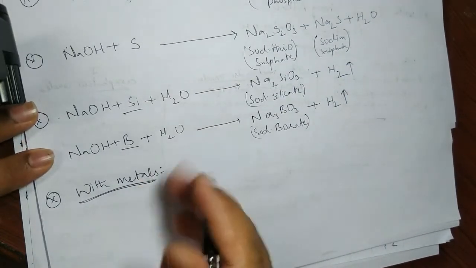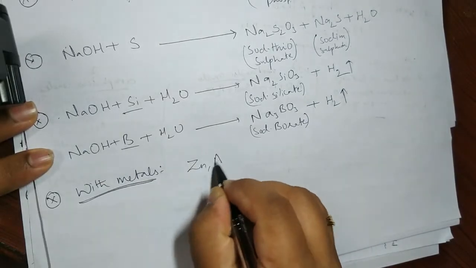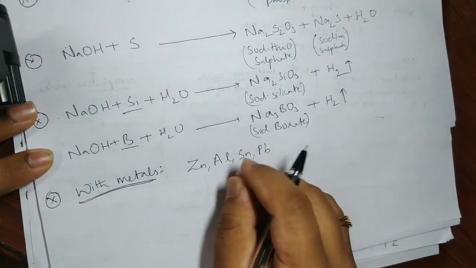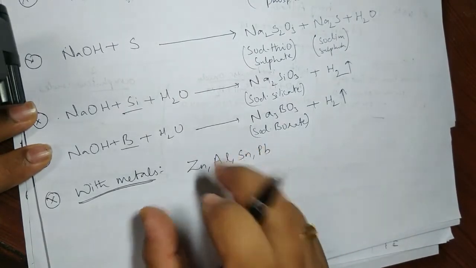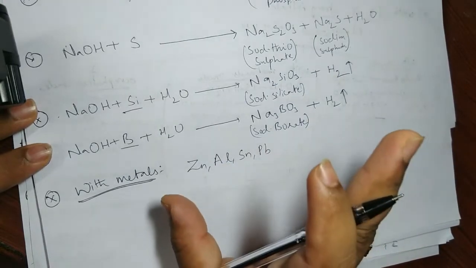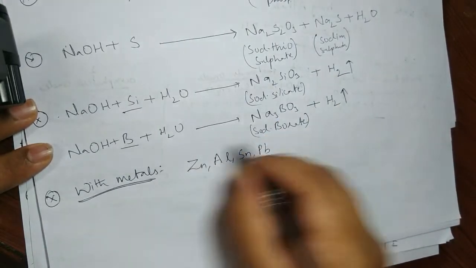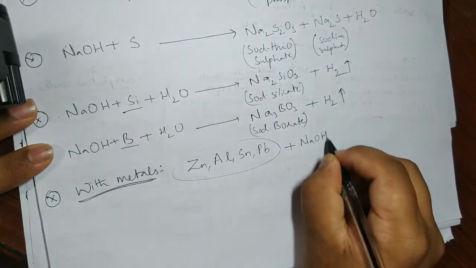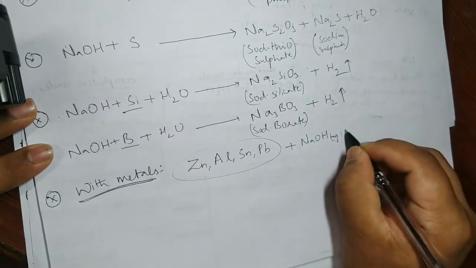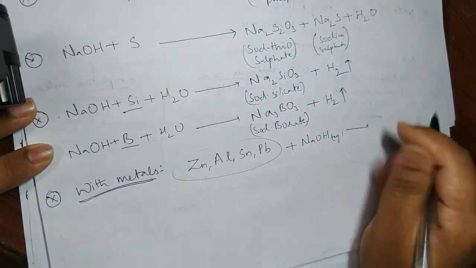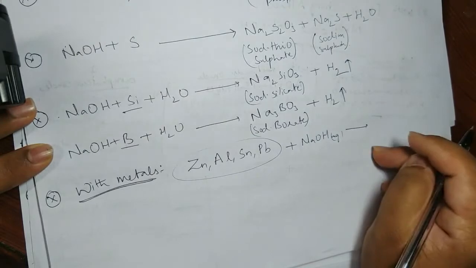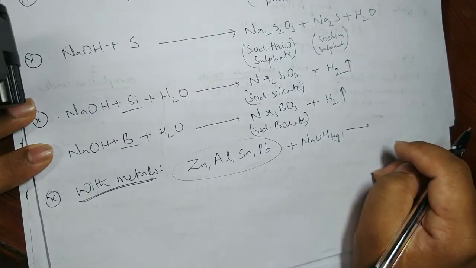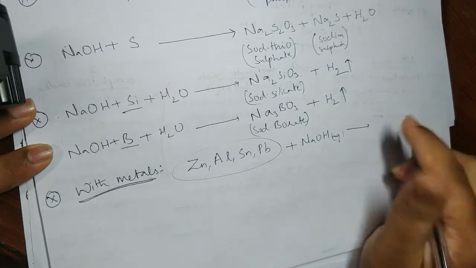With metals, the basic metals that you find are zinc, aluminium, tin, lead. Okay, so basically these metals react with sodium hydroxide solution and evolve hydrogen gas. Solution means aqueous form, there should be water also, and they form the respective zincate or aluminate or stannate or plumbate, so the respective metal complex compound plus hydrogen gas.